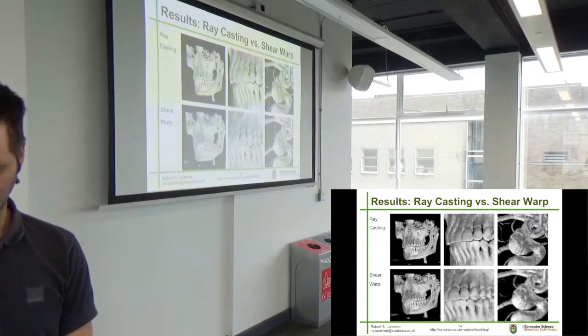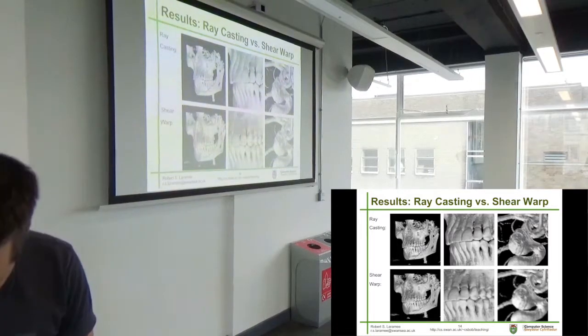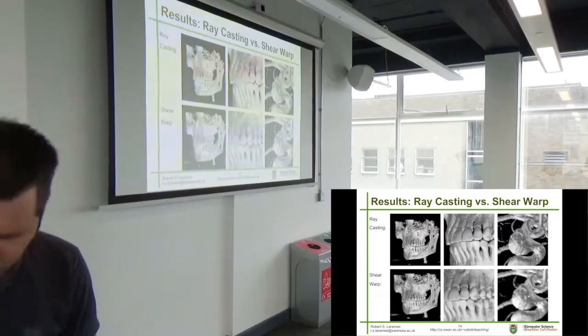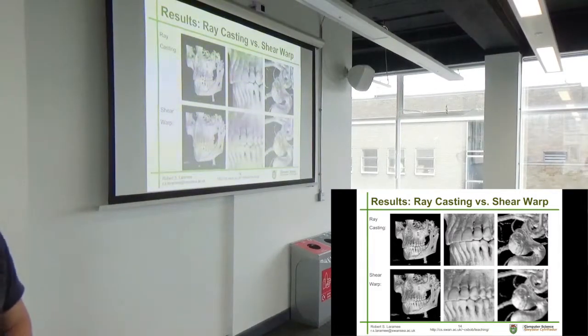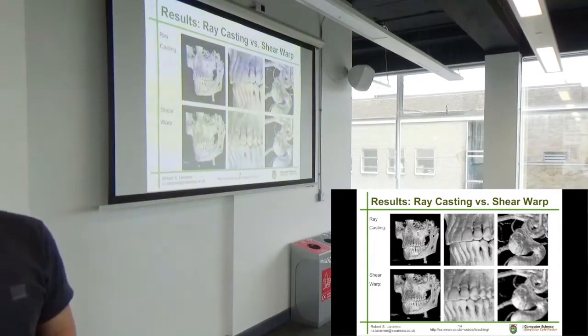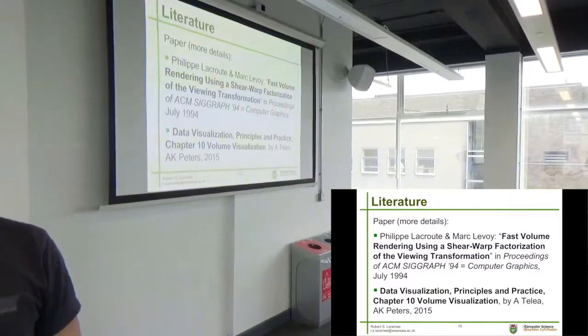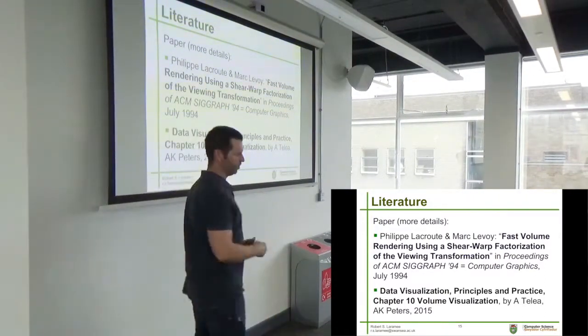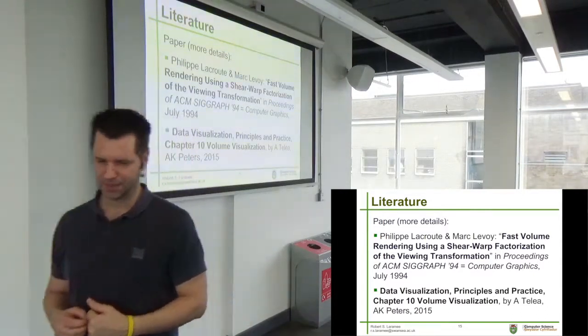So you can see there are some aliasing artifacts. And this is zooming in somewhere too. But I think it's zooming in right here, maybe. And you can see that there are some aliasing artifacts. And there's a copy of the paper on Blackboard, and there's this book chapter that also talks about it.